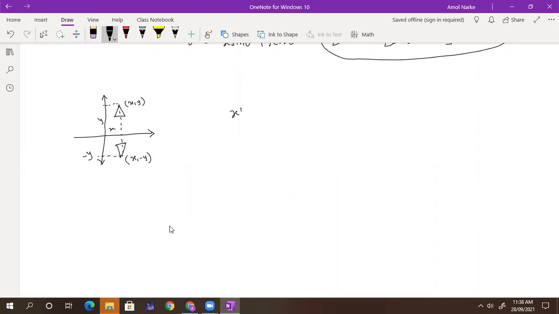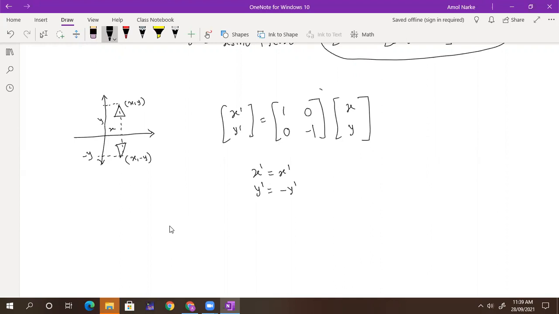Suppose my new coordinates are denoted by x dash, y dash. So x dash is equal to x and y dash is equal to minus y. Tell me that matrix. 1 0, 0 minus 1, correct. So that matrix is called the reflection matrix corresponding to the x-axis.